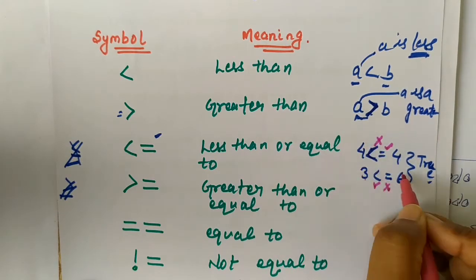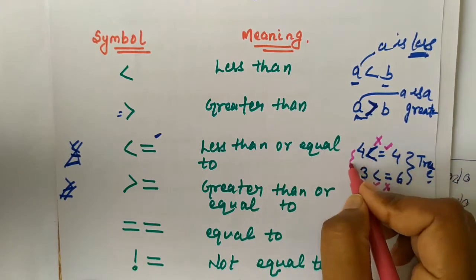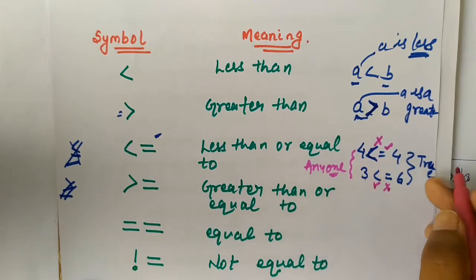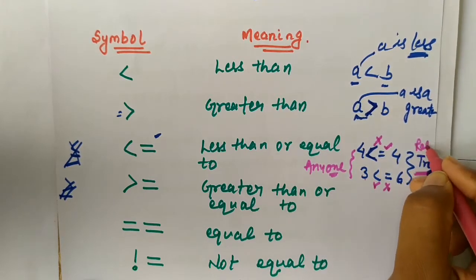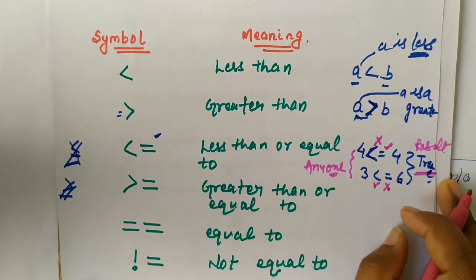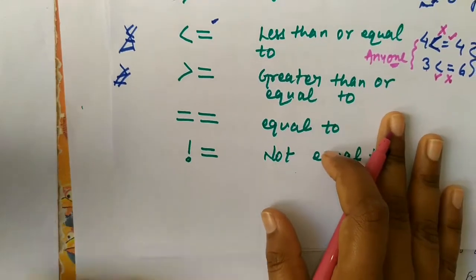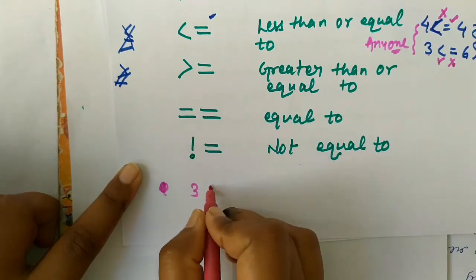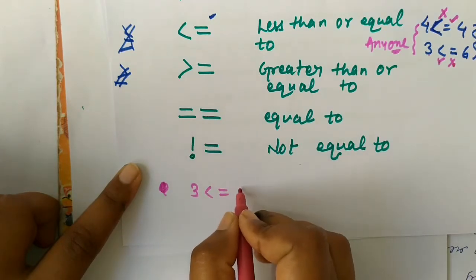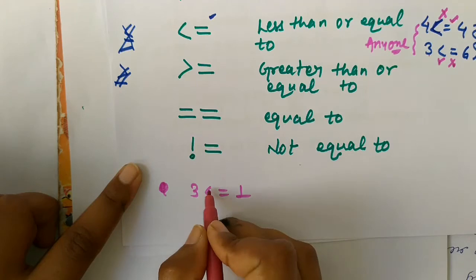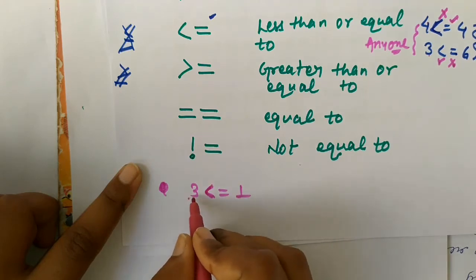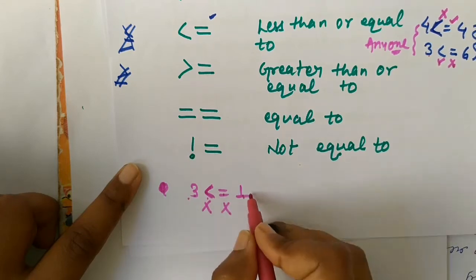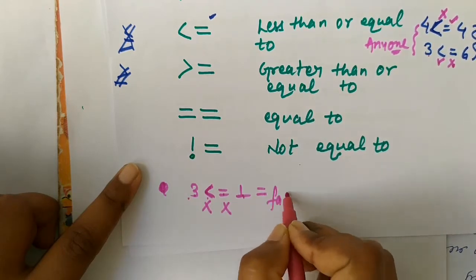If any one is true, that means the result is true. For example, if I write 3 less than or equal to 1, firstly we check less than. Is 3 less than 1? No, this is false. Is 3 equal to 1? No, this is false. So the answer is false.